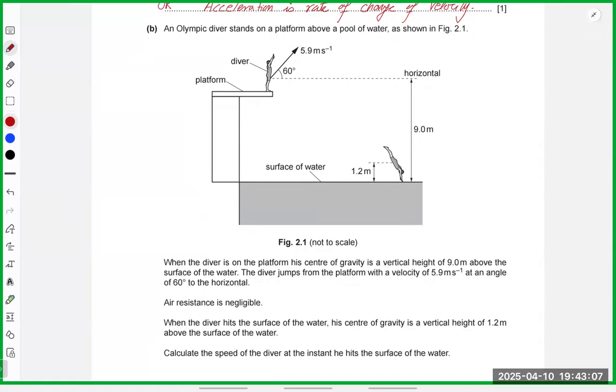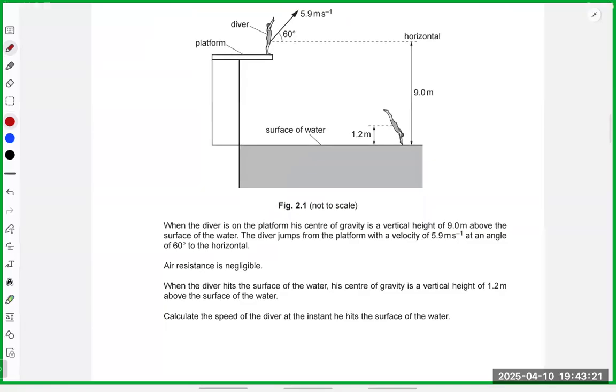The air resistance is negligible. When the diver hits the surface of water, his center of gravity is at a height of 1.2 meter. Calculate the speed of the diver at the instant he hits the surface of water.